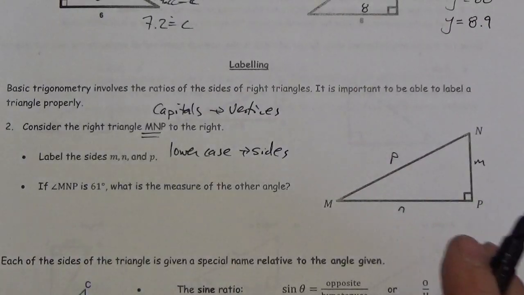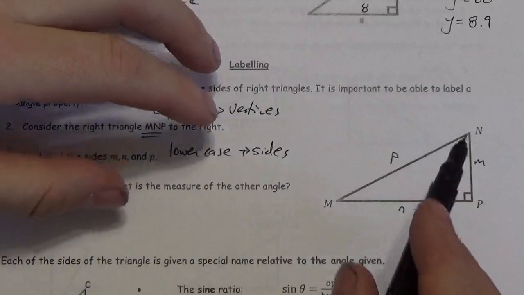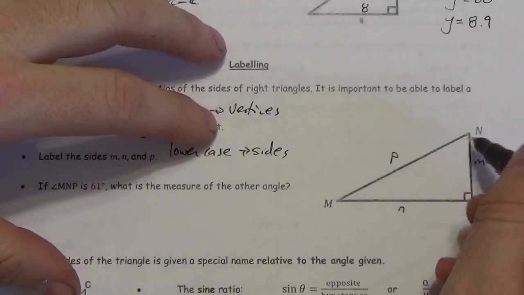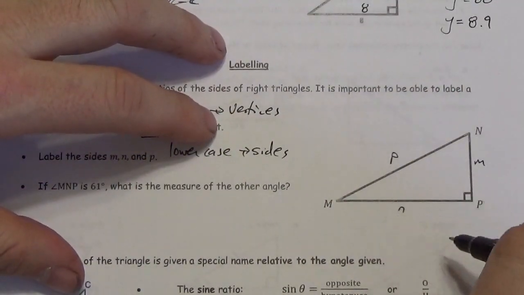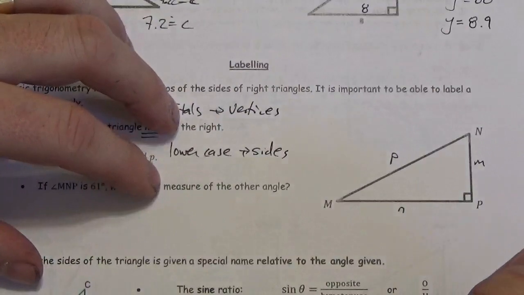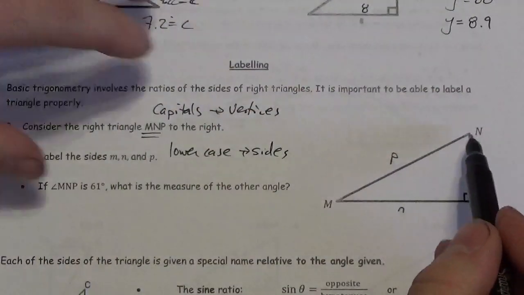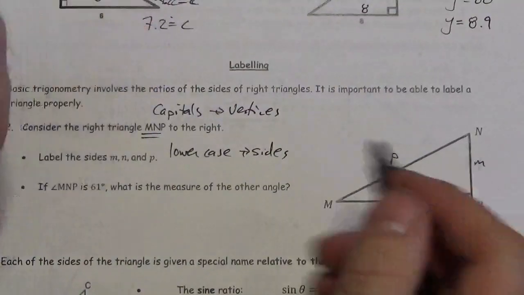Okay? And the reason we do that is because it's very easy to make that jump, to see the connection between this angle and this side. It would actually get quite confusing if some people said, well, no, let's do the one on the clockwise rotation. Well, then why not use the one on the counterclockwise rotation? Why don't I use this side here for N?